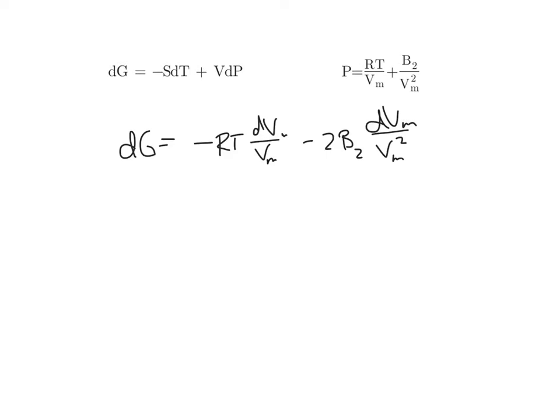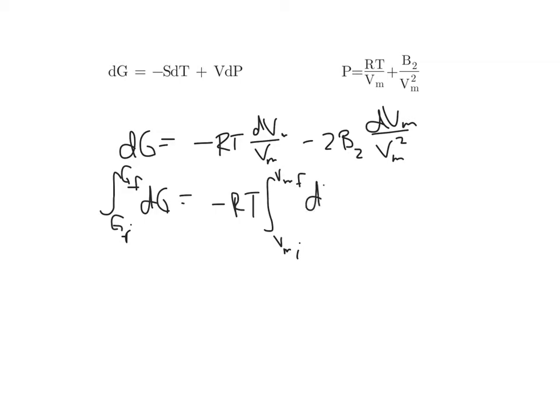When I integrate both sides of this equation from the initial state to the final state, I get minus RT times the integral from the initial molar volume to the final molar volume, dV over V, minus 2 times the second virial coefficient, integral from initial molar volume to final molar volume, dV over V squared.